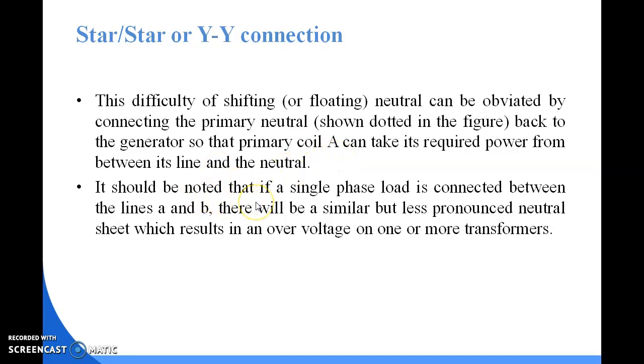It should be noted that if a single phase load is connected between the lines A and B, there will be a similar but less pronounced neutral shift, which results in an overvoltage on one or more transformers.